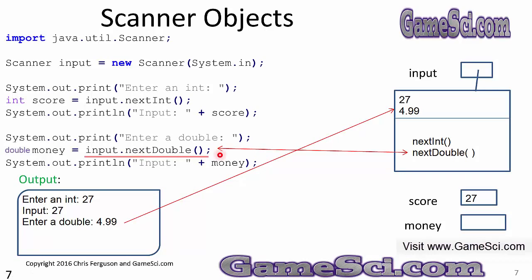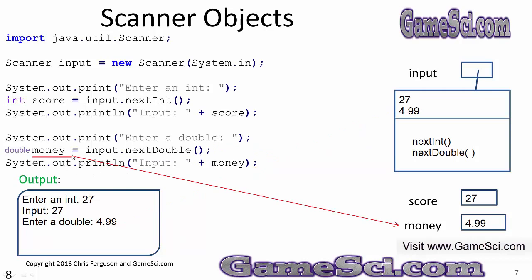The first arrow over here is go inside the object and run nextDouble. nextDouble will grab that 499, send it back to the program, and that 499 will be assigned to the money variable. And once again, that assignment operator will take the 499 that was returned by nextDouble and put it in the money variable.